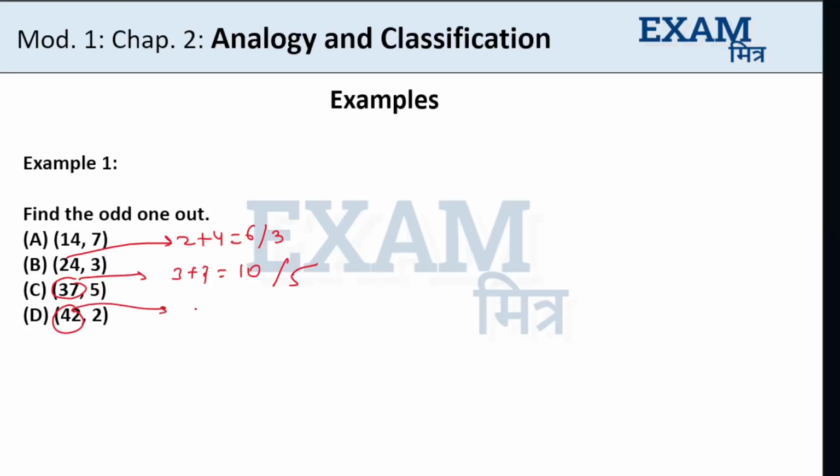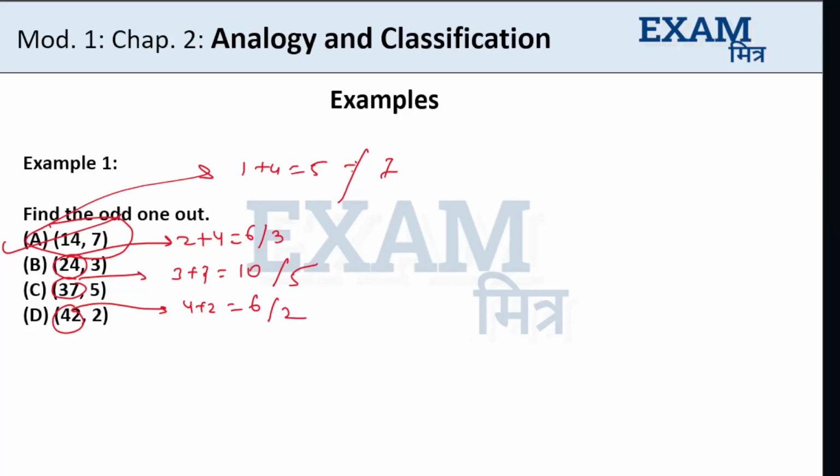If we add the digits of 42, that is 4 plus 2, that is 6, it is also divisible by 2. That means the sum of the digits of the first number is divisible by the second number. Does this relation hold with this? No. 1 plus 4 is 5 and that is not divisible by 7. We cannot divide 5 by 7. So that means the odd one out for this is option A. 14-7 is the odd one out.